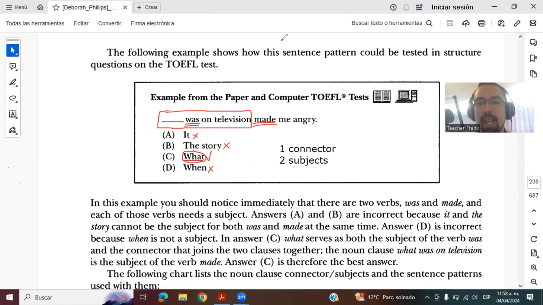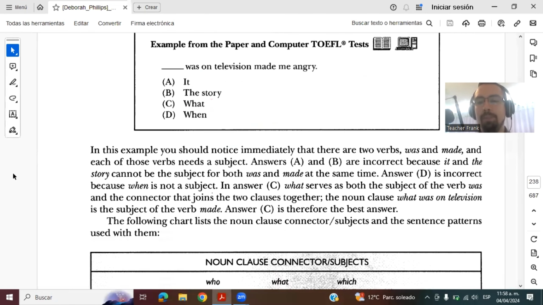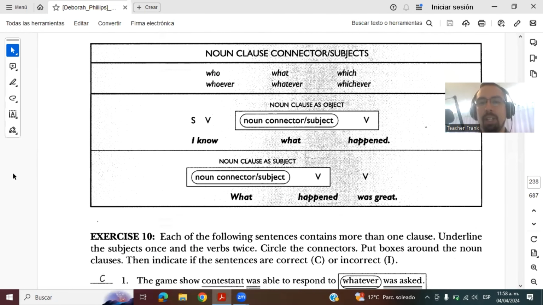So now let's look at a little graph down here. So the noun clause connectors could be who, whoever, what, whatever, and which, whichever, right? And we have certain variations like noun clause as an object of a verb or a preposition or as a subject. I know what happened.